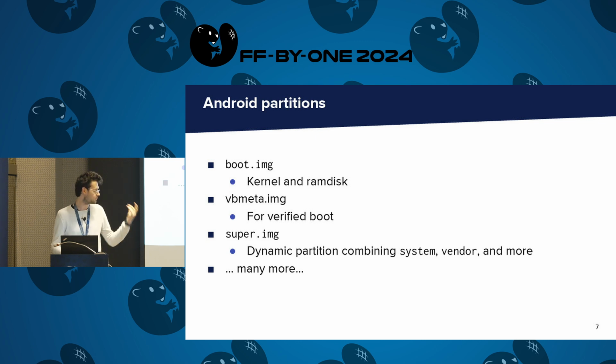For example, we have the boot image that has the kernel and RAM disk. VB-meta is used for verified boot. But then we have dynamic partitions that are only parsable by userland. The super partition is the best example, with system and vendor. If you are familiar with Android, these names ring a bell. If you're not, just imagine these as the building blocks that you can flash on the operating system.